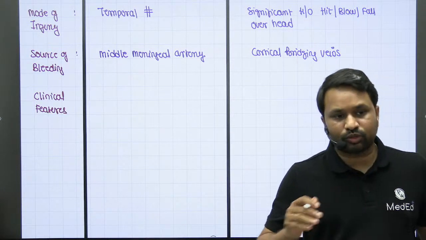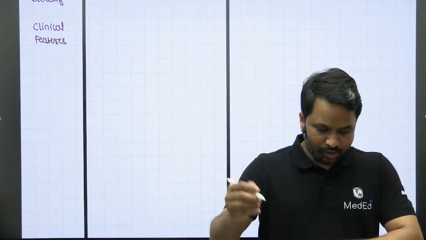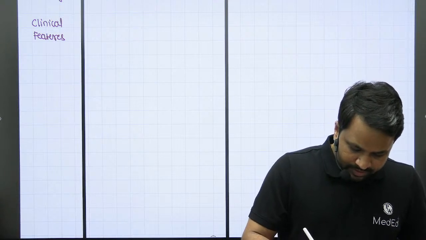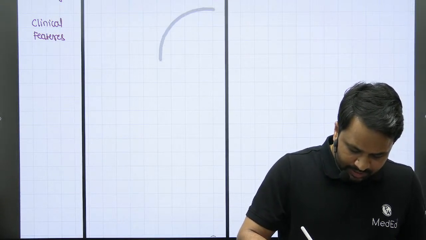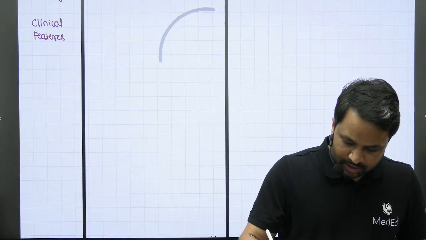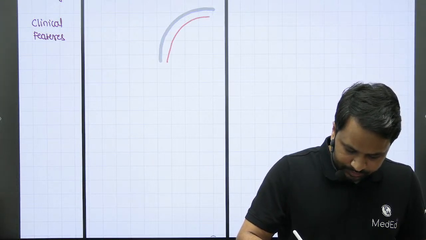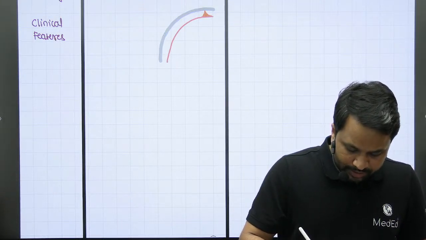See, in both of them, as it bleeds, it is going to occupy a lot of space. Just for the sake of understanding, the outermost layer that we have is the skull. Just under the skull, you have the dura. There are dural adhesions with the skull bone, so the dura is not a free space.